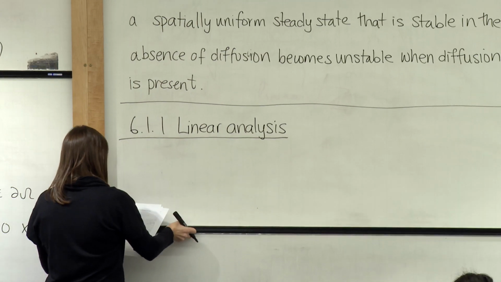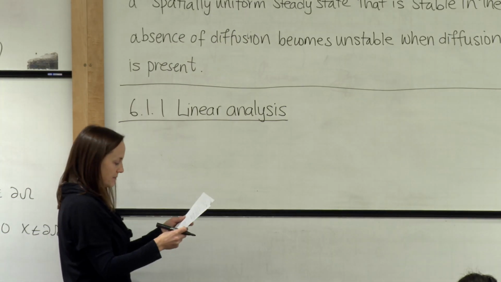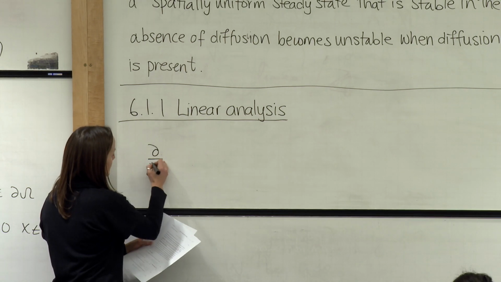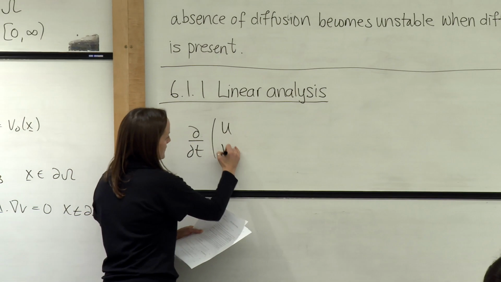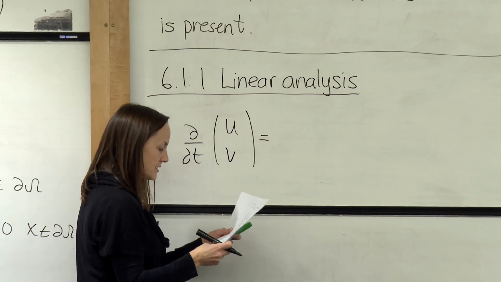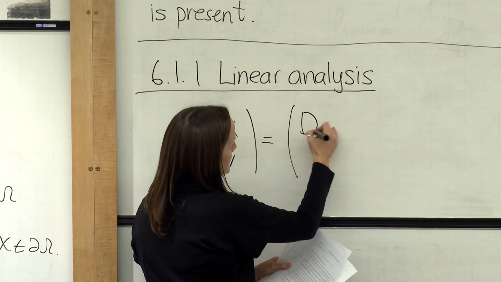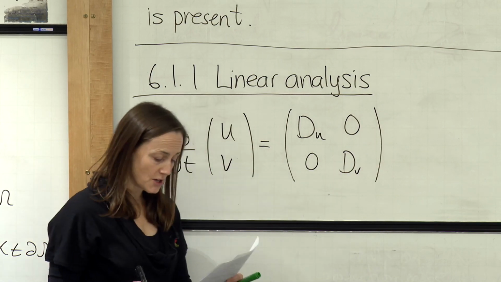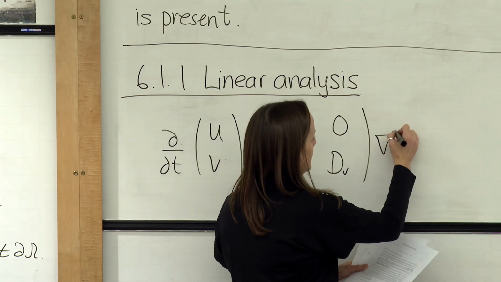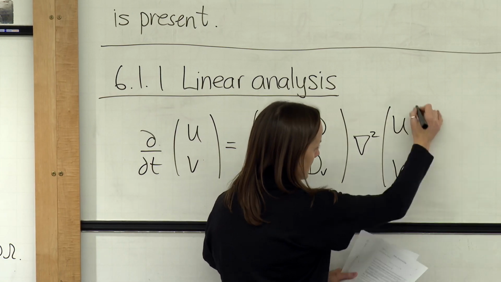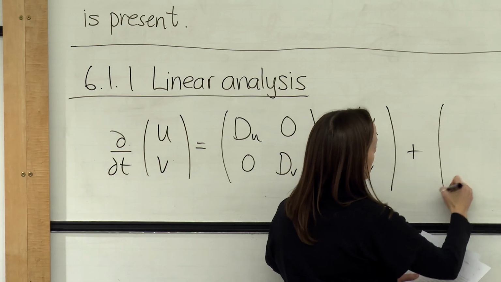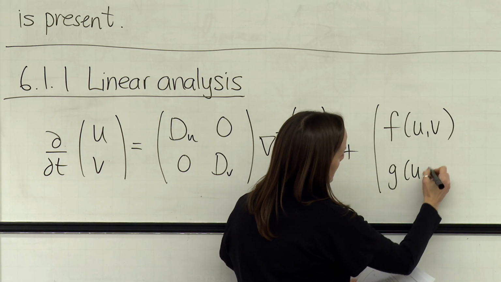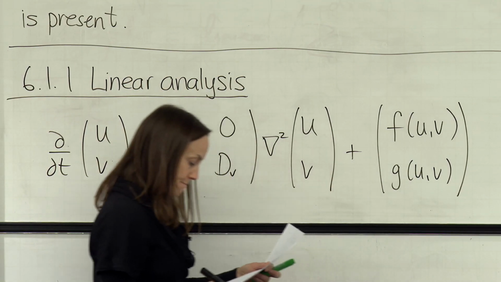Okay, so let's write this in matrix form and put it on a firmer footing. So I've got d/dt of (u, v). That's going to be equal to a diagonal matrix with the diffusion coefficients in it, times the Laplacian of (u, v), plus the reaction terms f(u,v) and g(u,v).